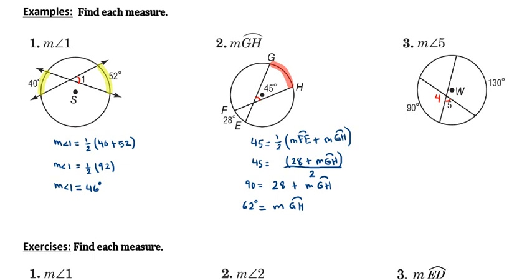The arcs that are intercepted by angle 4 and its vertical angle are those. So the measure of angle 4 would be equal to 1/2 the sum of 90 plus 130, and 90 plus 130 is 220.